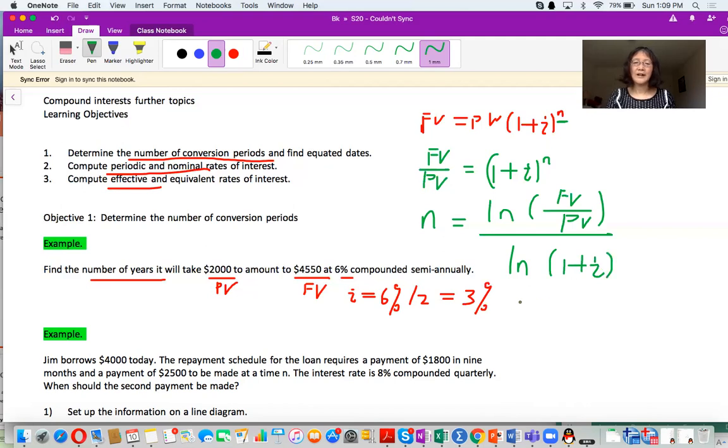And then we plug in the numbers. By the way, ln represents the logarithm with base e.